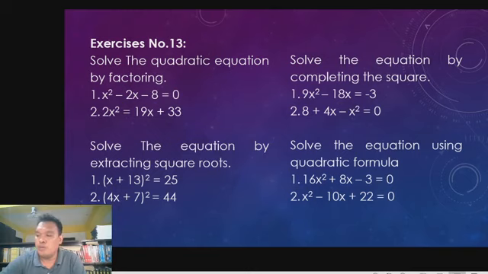Okay, so we have number 1, which is 9x^2 minus 18x equals negative 3. And for number 2, we have 8 plus 4x minus x^2 equals 0.